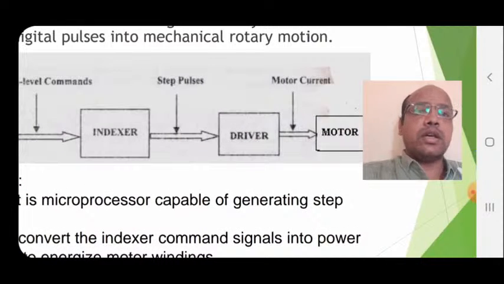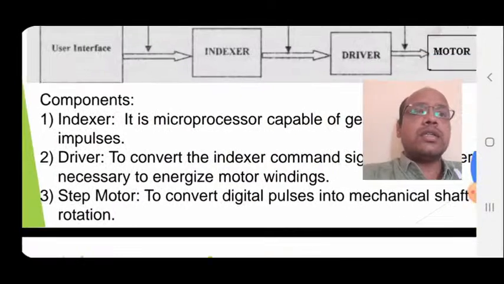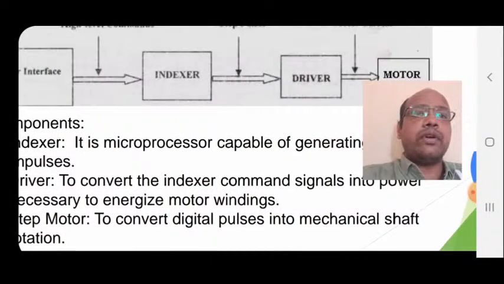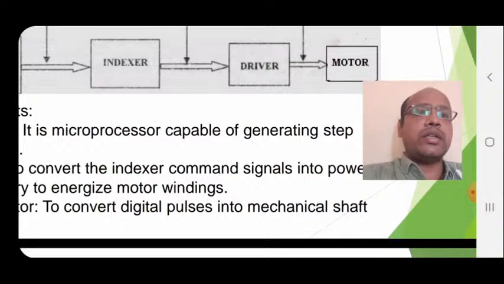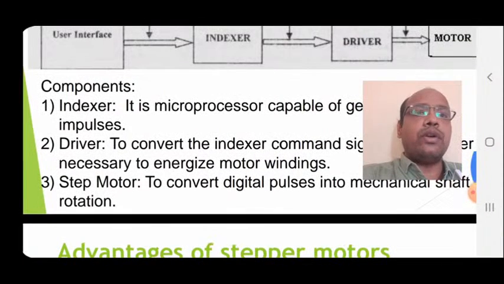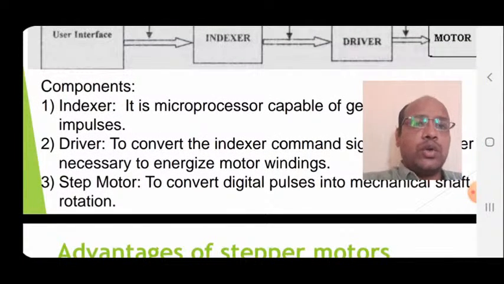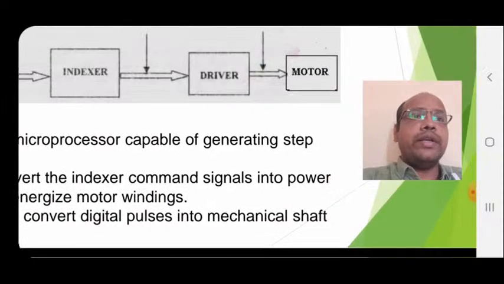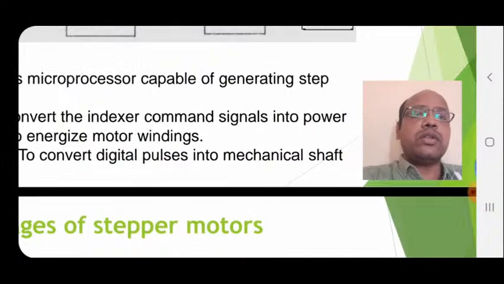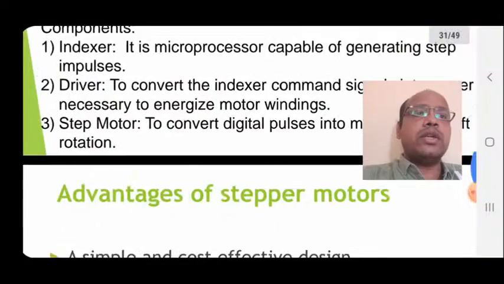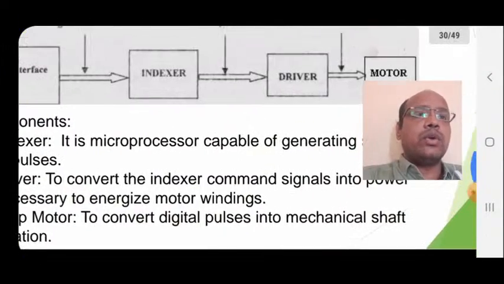Step impulses are nothing but test signals. These signals are given to a driver. The driver is used to convert the indexer command signals into the power which is necessary to energize the motor winding. And then at the last step, the motor is used to convert digital pulses into mechanical shaft rotation.